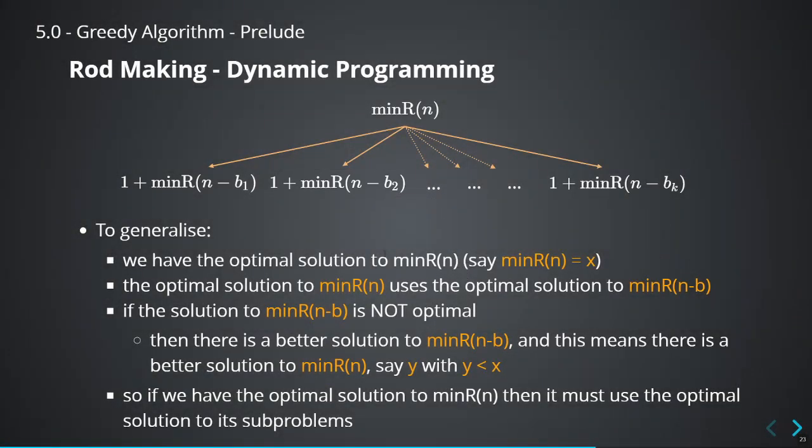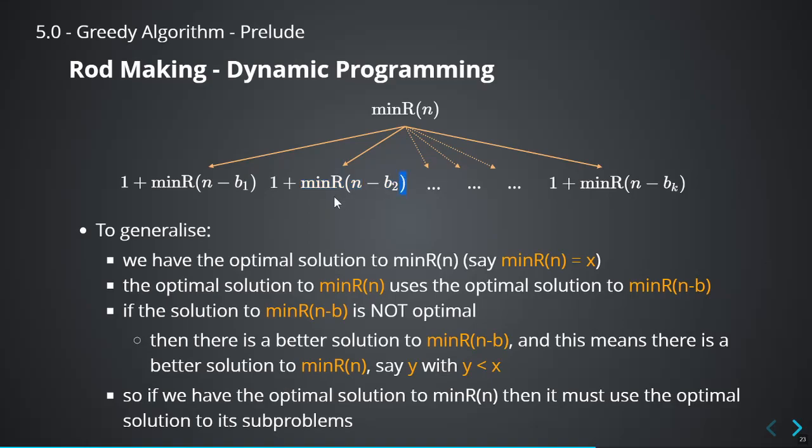So let's say the optimal solution to min Rn uses the optimal solution to min R of n minus b, for some b. I don't know which b, but one of them. Either I pick 100, I pick 50, I pick 25, whatever. That's the one that I pick, and then whatever is remaining of n, I have to recurse.